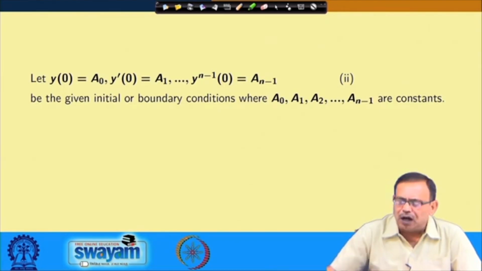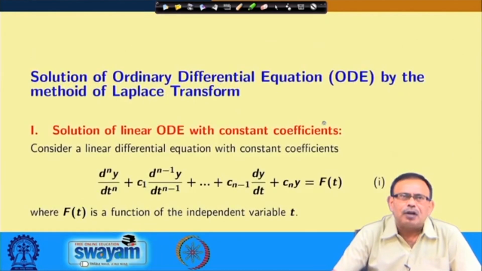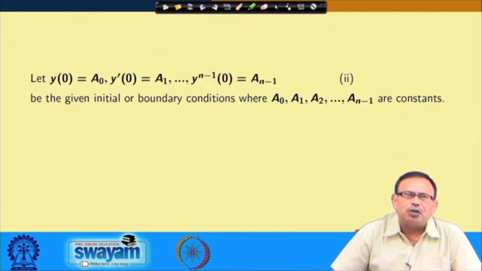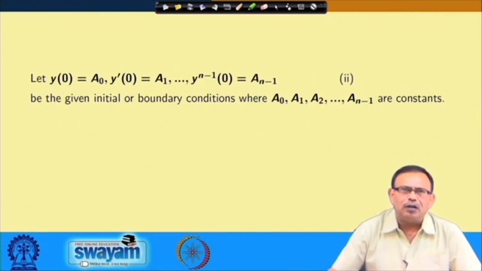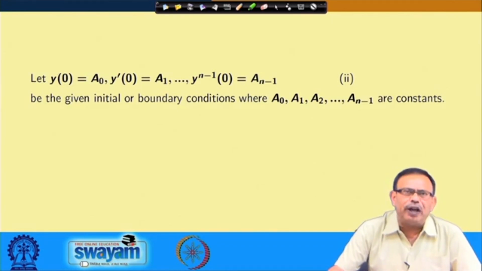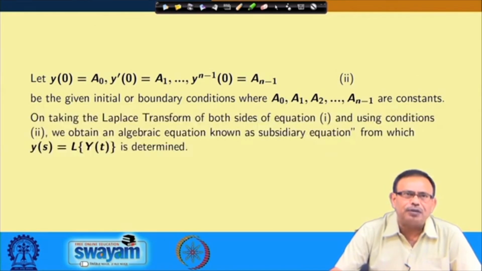Effectively, if the power is n, that is d^n y/dt^n is coming, then the number of constants will be n minus 1, and these n minus 1 initial or boundary conditions will be appearing, so that we can find out the values of those coefficients.